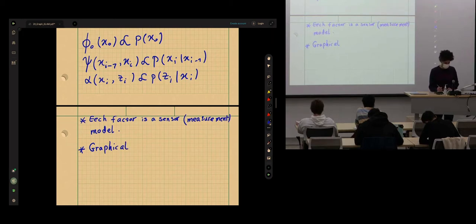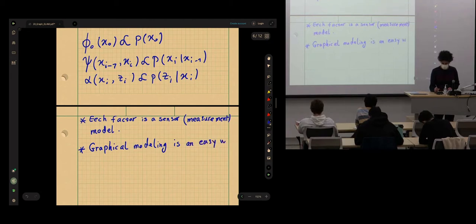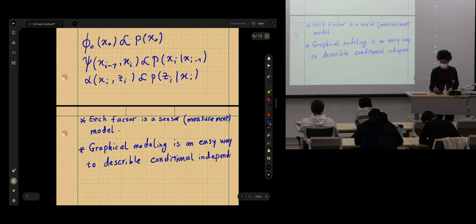Graphical modeling is an easy way to describe conditional independence, and that will enable us to write the joint distribution.